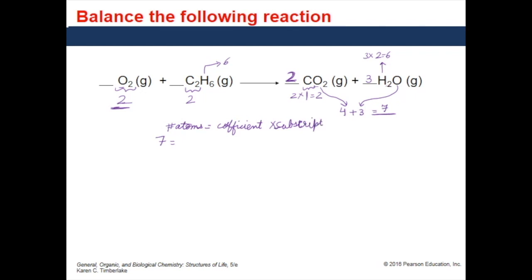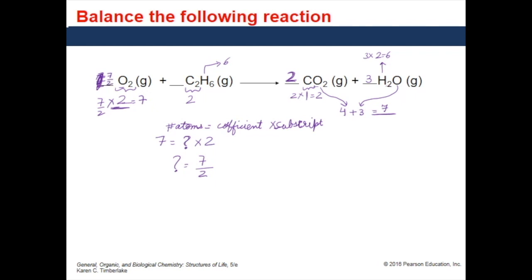So in this case, 7 is equal to the coefficient times the subscript here, which is 2. So what should I multiply 2 by to get 7? This number would essentially be 7 over 2, right? So if I multiply by this fraction, 7 over 2, then the number of atoms will be 7 over 2 times 2, which is 7, right? Let me rewrite that: this is 7 over 2. So if we are doing this, then we are okay.